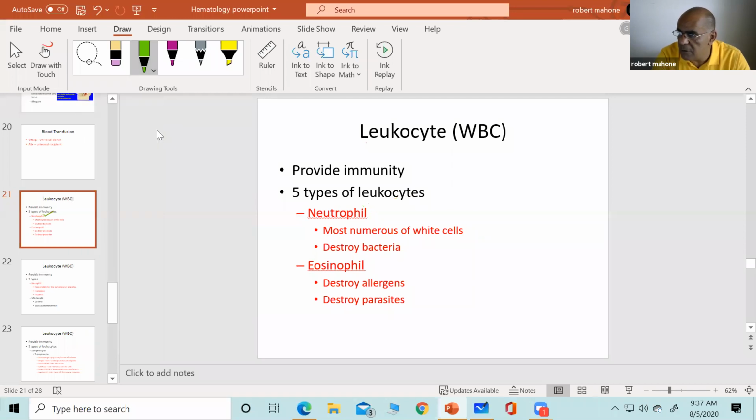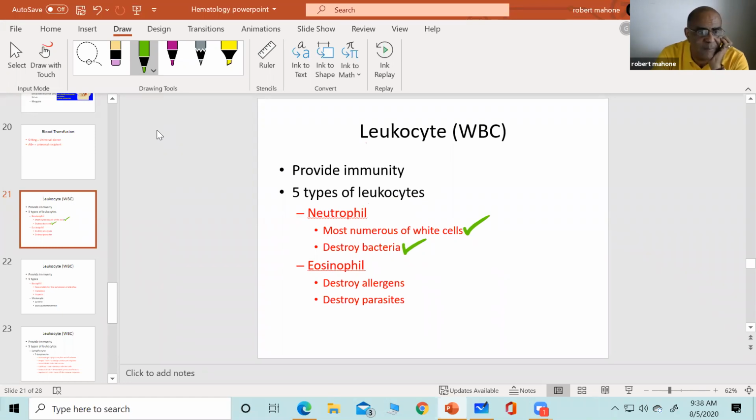All right. Neutrophils, most numerous of our white cells, and their job is to destroy bacteria. We have more of these than any others because we've always got some bacteria in our body. To find a body without bacteria, that's impossible.